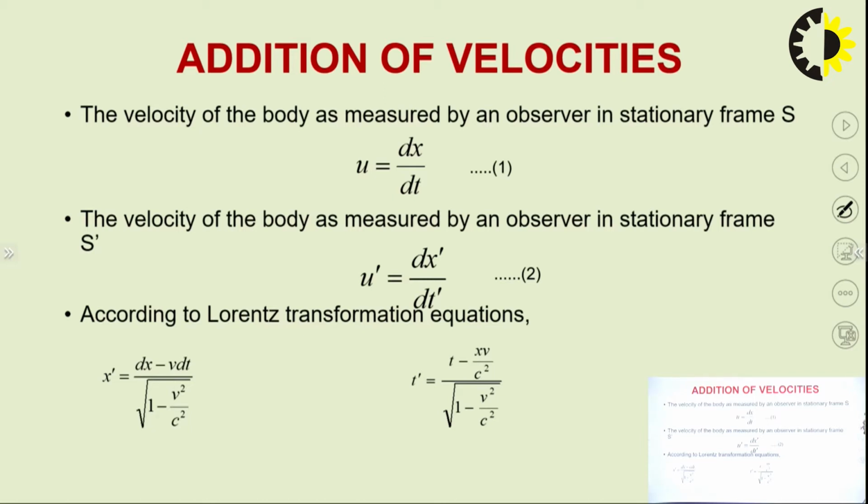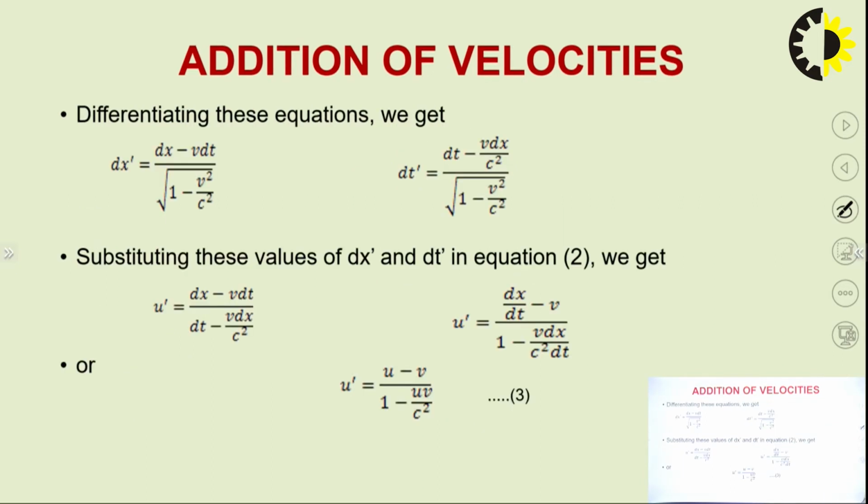This is the velocity of a body with respect to frame S, and u prime is the velocity of an object with respect to S prime. Using the Lorentz transformation equation, we derive a relation between u prime and u. So, this is the relation.